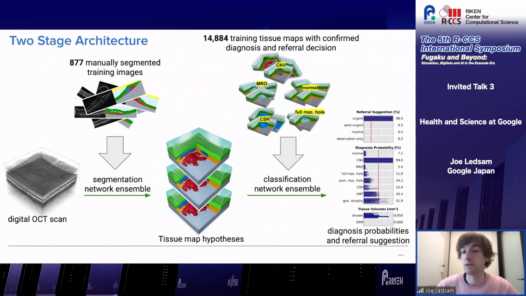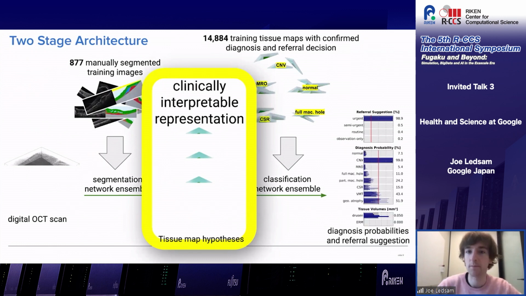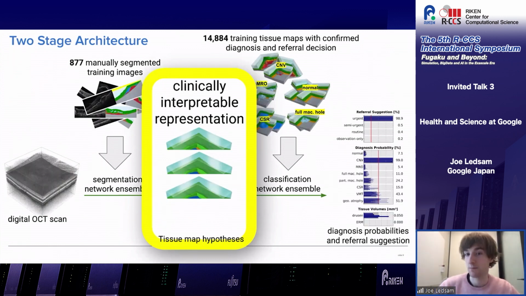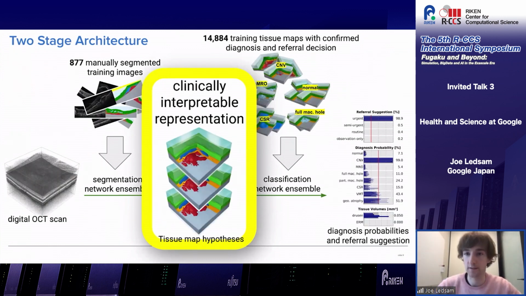The reason we proposed this architecture for that paper was two particular advantages. The first was that we felt the segmentation map provided an important clinical insight into how the network is actually interpreting the image at every position. And so this was seen as clinically interpretable to the physicians that were working with it.